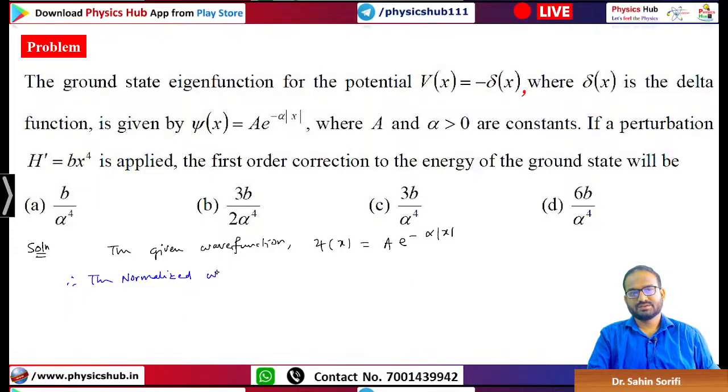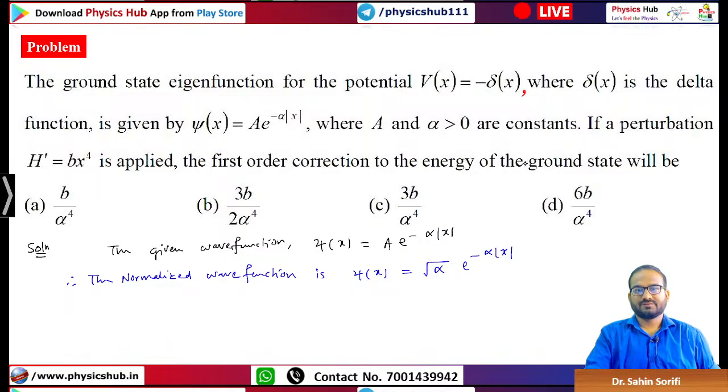The normalized wave function will be psi of x, where this unknown constant is found to be root alpha. So if you want to calculate the first order correction to the energy of the ground state.